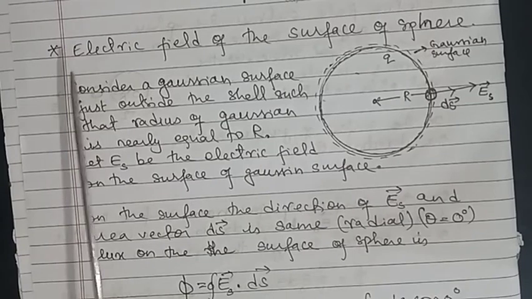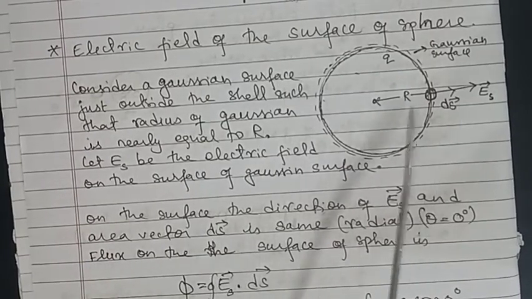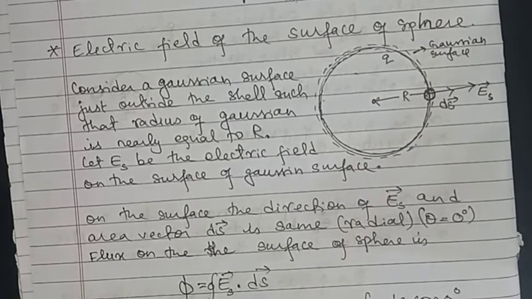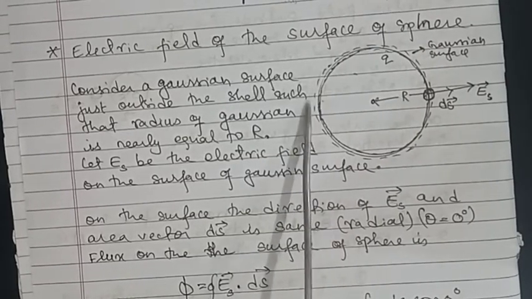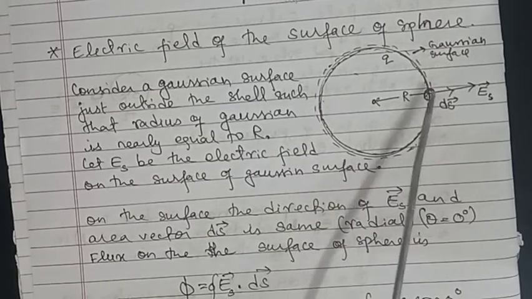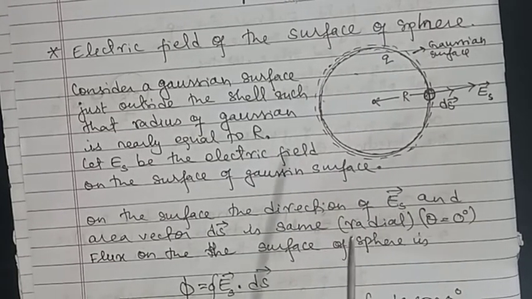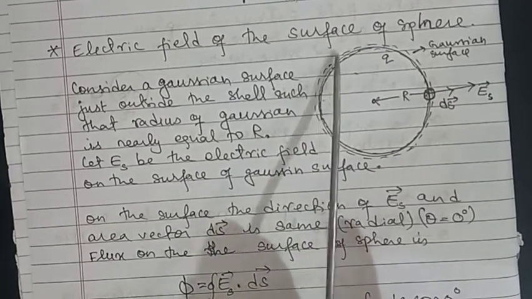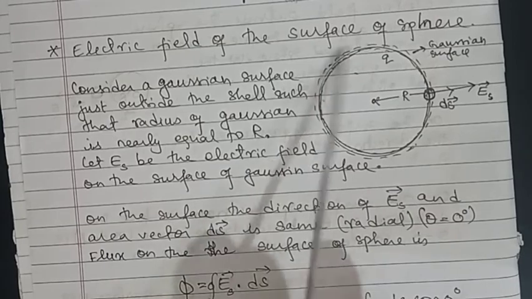Now the second case is electric field on the surface of the sphere. Now we have to find the electric field on the surface of the sphere. For that I will take the Gaussian surface just outside the sphere so that their radii will be equal. You can see this is our charged sphere, and just outside it the dotted lines are the Gaussian surface.